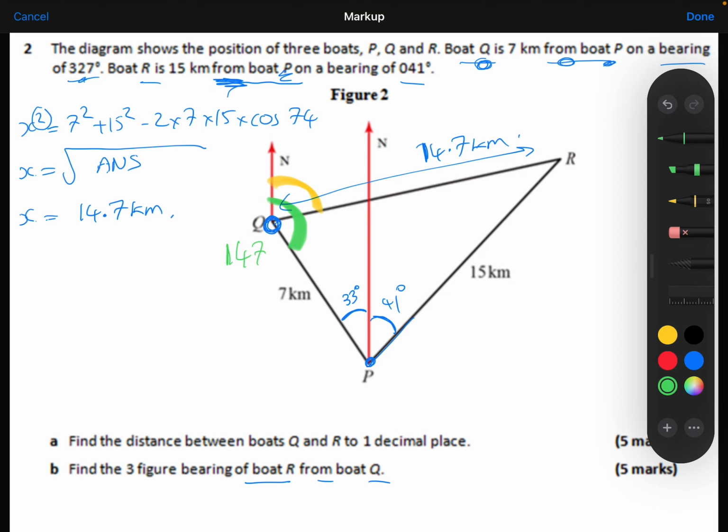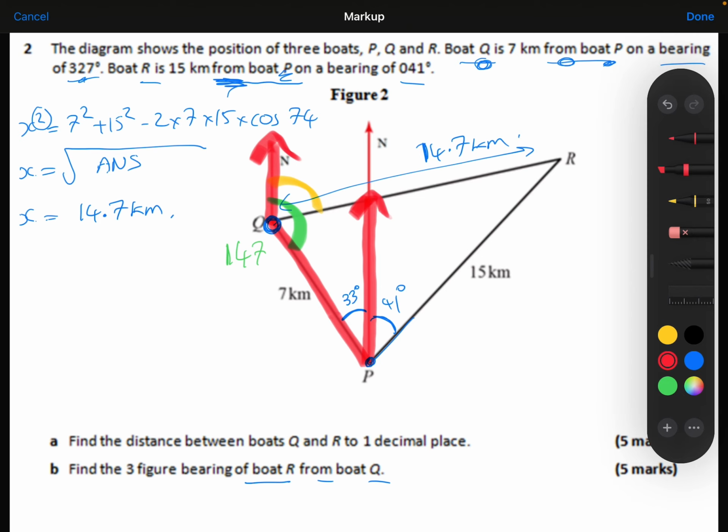Now I know that whole angle is going to be 147 because we have co-interior angles here. I know this north line is parallel to this north line. Therefore, that green angle is co-interior with the 33 degrees. So co-interior angles add up to 180.